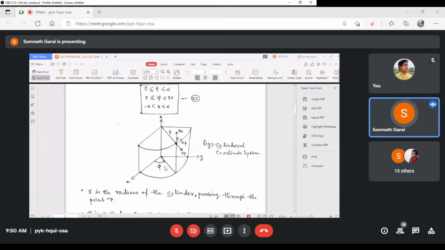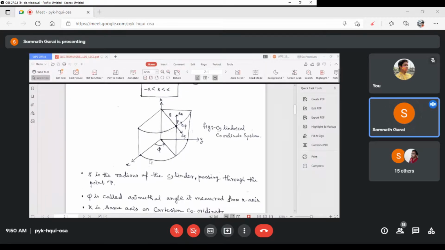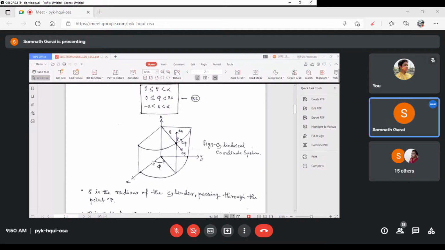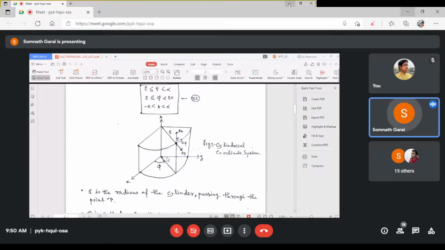The angle of the cylinder is measured from the x-axis, and z is similar to the Cartesian coordinate. This angle is maximum 360° if we consider it from the x-axis.